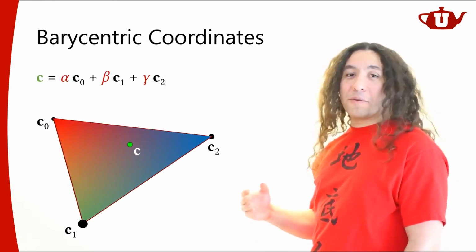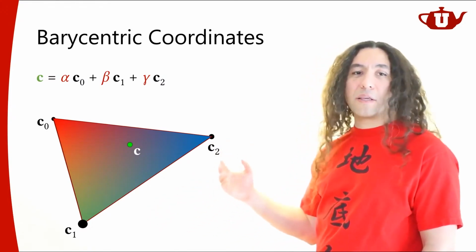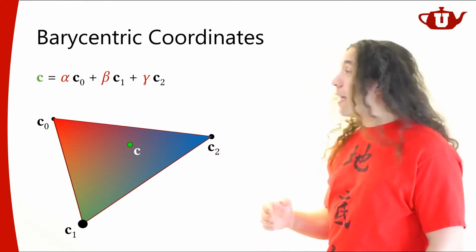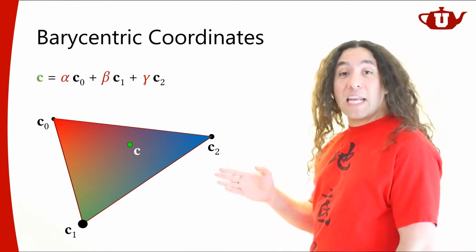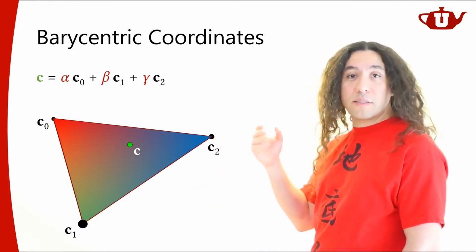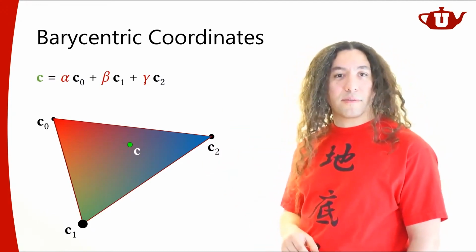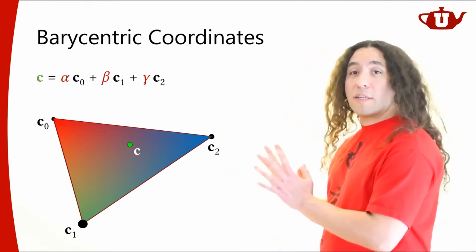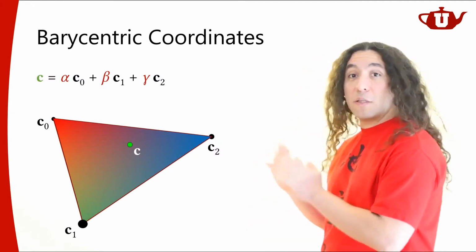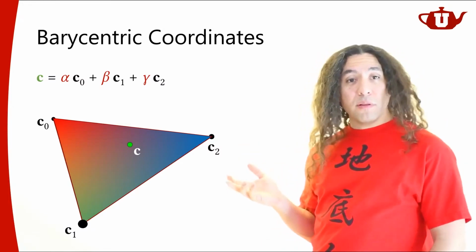All right, so the triangle is just interpolating these color values. And to find the color value at any point on this triangle, I can just do this linear interpolation using my barycentric coordinates. So barycentric coordinates are very frequently used for rendering, and they're very nice and very simple.